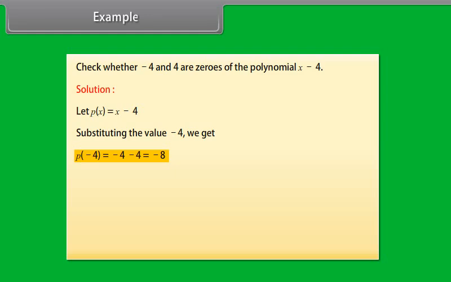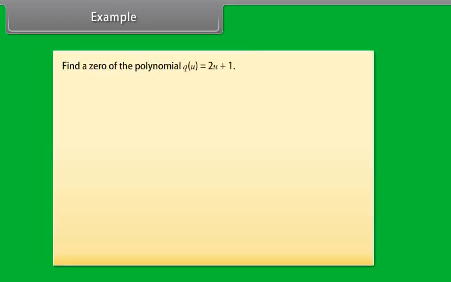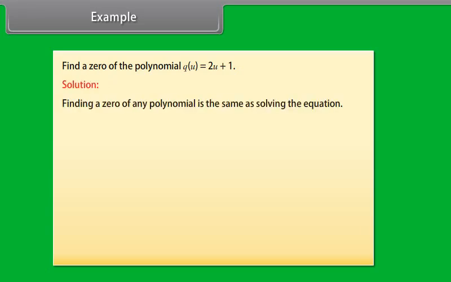A non-zero constant polynomial has no zero. A linear polynomial has one and only one zero. Example. Check whether minus 4 and 4 are zeros of the polynomial x minus 4. Solution. Let P(x) is equal to x minus 4. By substituting the value minus 4, we get P(minus 4), which equals minus 4 minus 4, which is equal to minus 8.